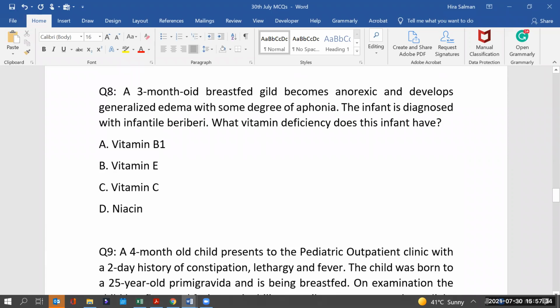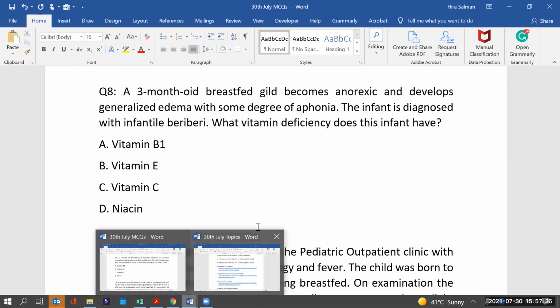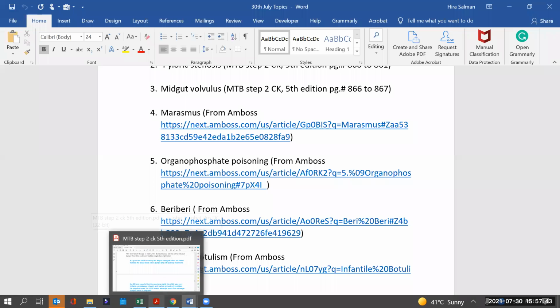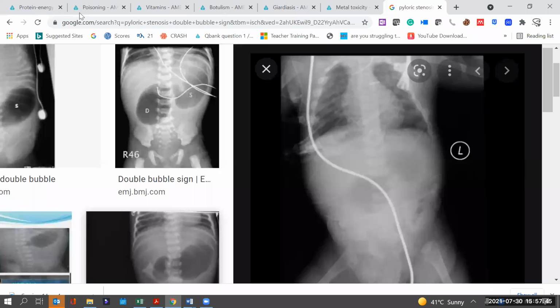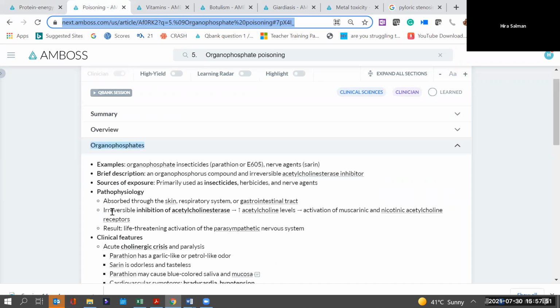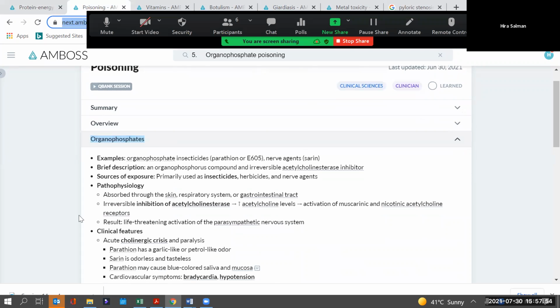So let me take you to another topic, and that is organophosphate poisoning. Of course, it's not very much in detail in MPB, so I'll take you to Ambos here. This is organophosphate poisoning.